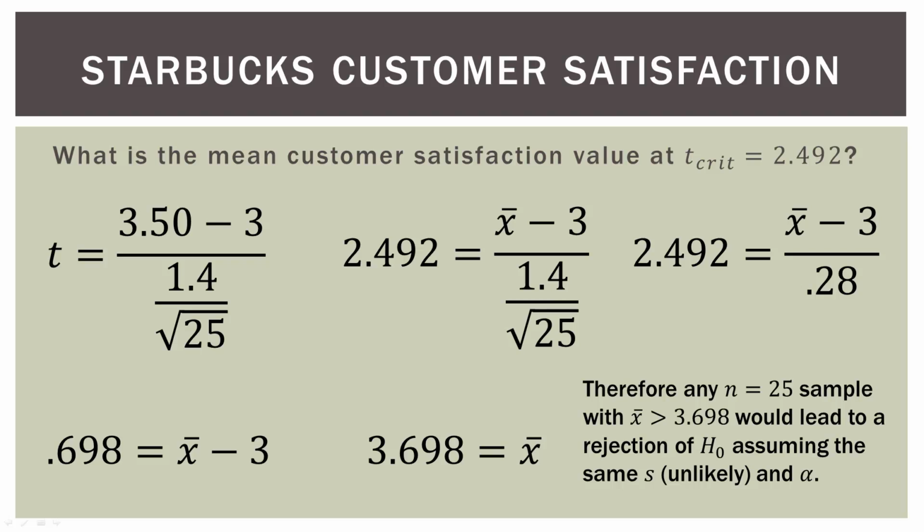Therefore, any sample of size 25 with a mean that's greater than 3.698 would lead to the rejection of the null hypothesis, assuming the same sample deviation, which is not all that likely, but we'll assume, and the same alpha level. So the sample mean of 3.698 is the sample mean that would hypothetically fall right onto our t critical value.